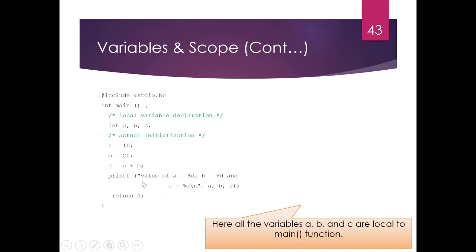Simply, you know the result: c equals 30. All of a, b and c are local to the main function. We can't access them from any other functions outside main, because they are local to the main function, unless we pass these variables into those other functions.